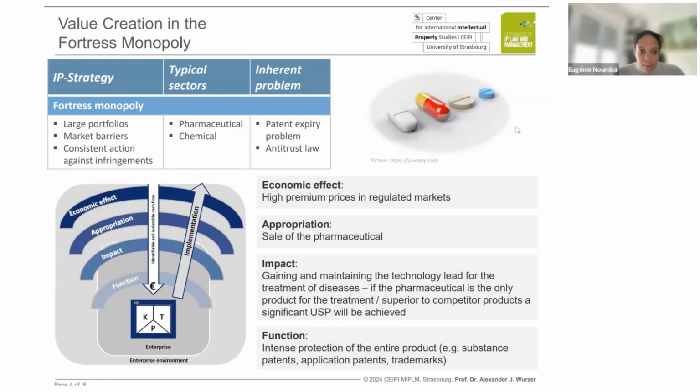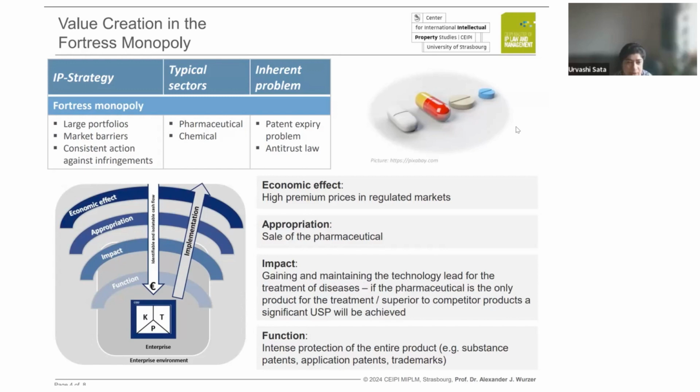And the impact of this function of the IP right will be that they will have a technological lead, so they will gain and maintain their position of the product in the area. And after, it will be the appropriation, I will let you speak about.